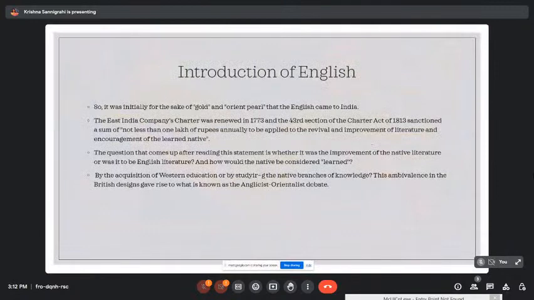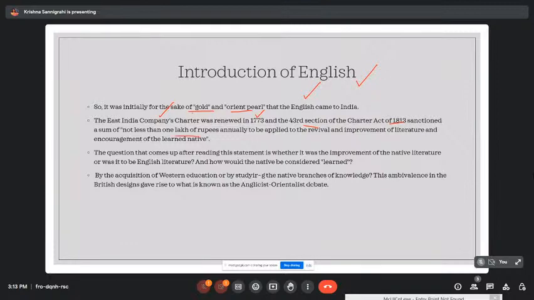However, before that, we will be quickly going through the main ideas so that we can connect this with the idea which we are going to discuss today. The introduction of English was mainly for gold and for Orient pearl. English came to India. And then when the East India Company's charter was renewed in 1773 and the 43rd section of the Charter Act of 1813 got sanctioned, a sum of not less than 1 lakh of rupees annually was to be applied for what?